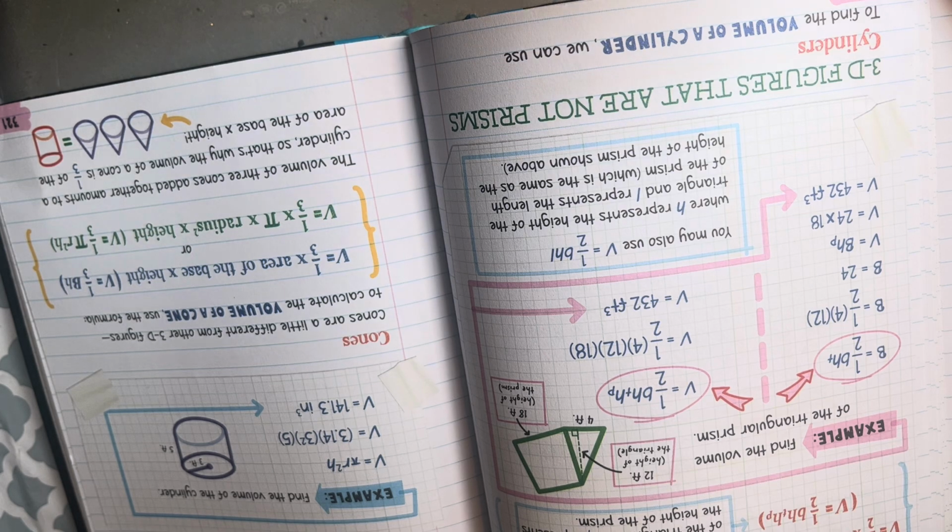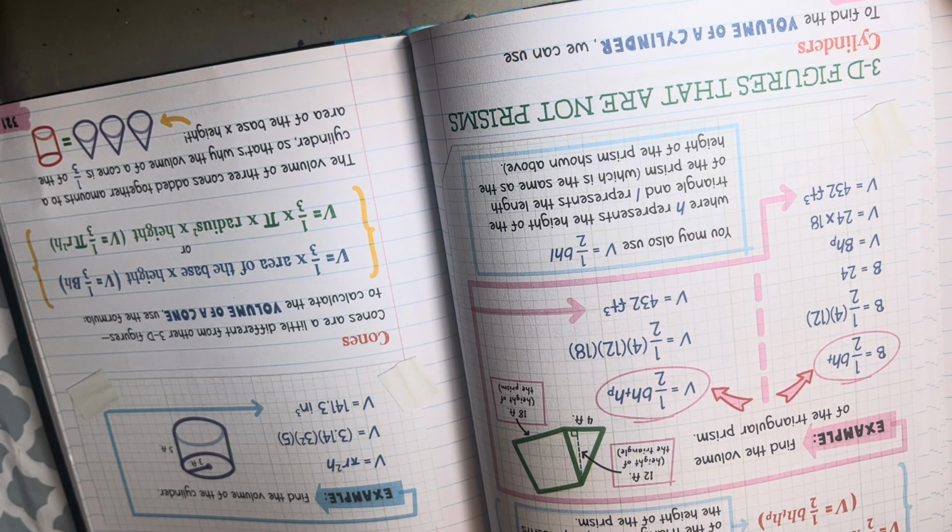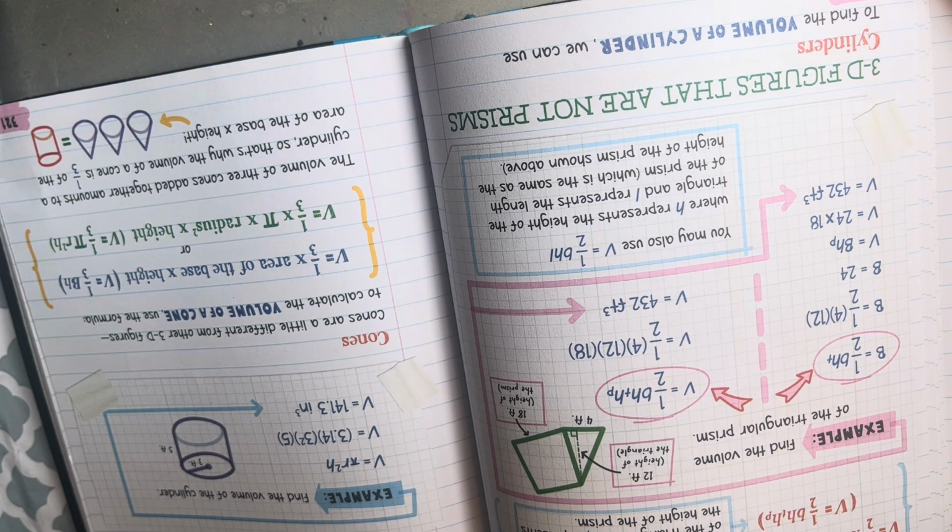So V equals 1/2 times B times Ht times Hp. Ht represents the height of the triangle, and Hp represents the height of the triangular prism.